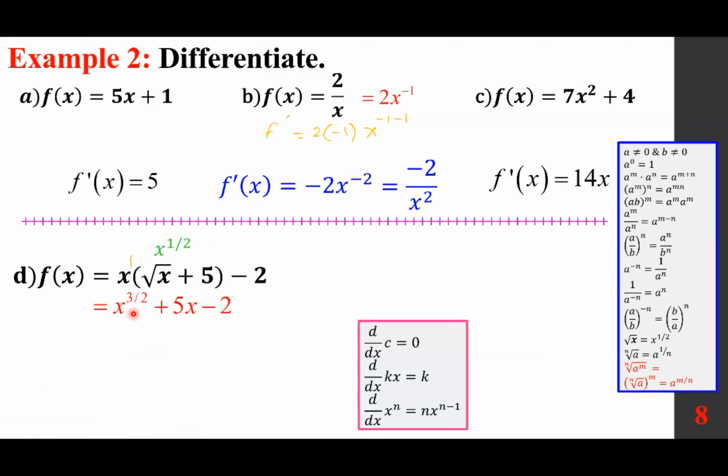Now this is very simple. 3/2, x to the power of, take away 1, becomes 1/2, plus 5. So class, 3/2 minus 1 is 1/2. And if you want to go back to the format we received it in, this is the square root of x. So 3/2 square root of x plus 5. And that's the final answer.